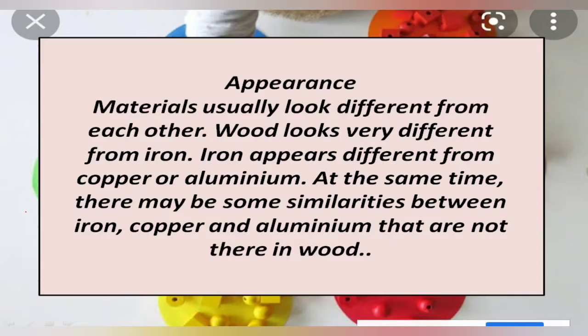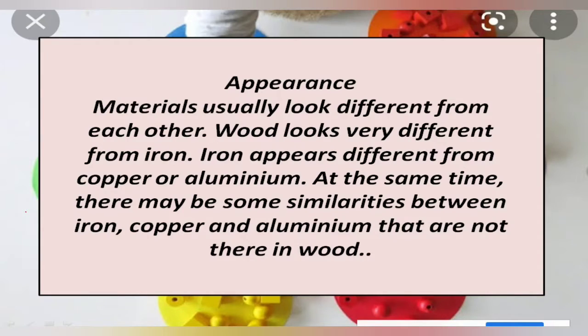Materials usually look different from each other. Now when I take a book and when I take a copy in my hand, what is the difference between these both? The book is looking too big and the copy is looking a little small. Why so? Because they are different from each other. Wood looks different from iron. Iron appears different from copper and aluminium.